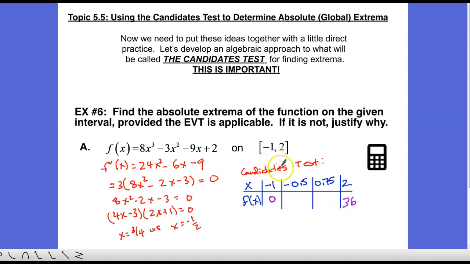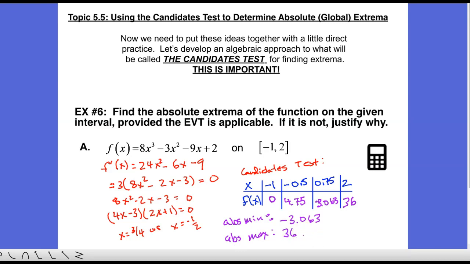Plugging in -1/2 gives us 4.75, and plugging in 3/4, we get -3.063. So here we can see that our absolute min will be -3.063, reported to 3 decimal places, and our absolute max is going to be 36.